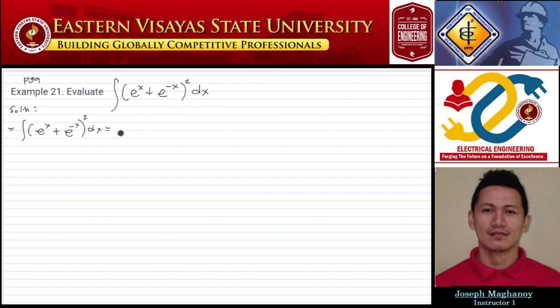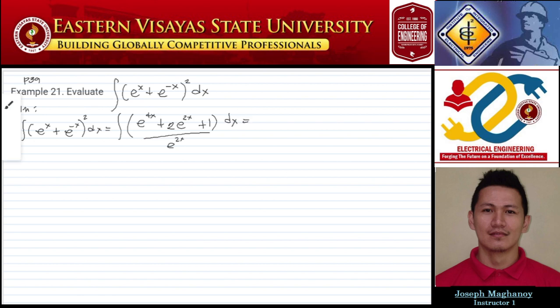So we expand our function. This is equal to e raised to 4x plus 2e raised to 2x plus 1 all over e raised to 2x dx.